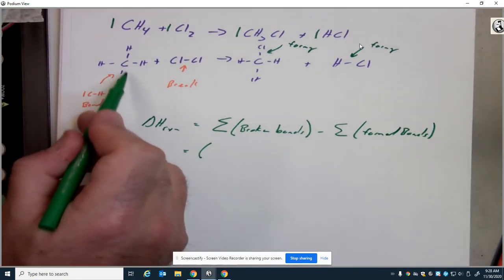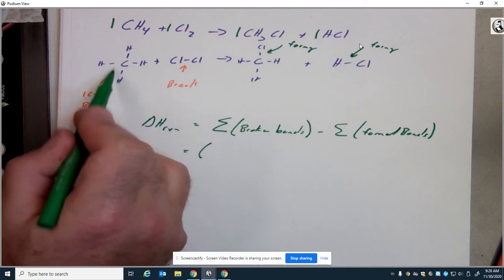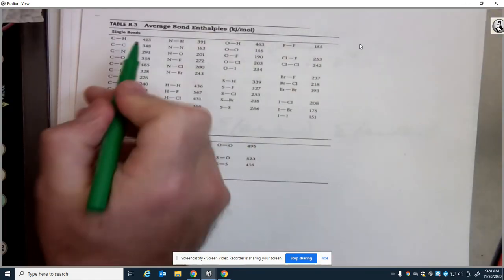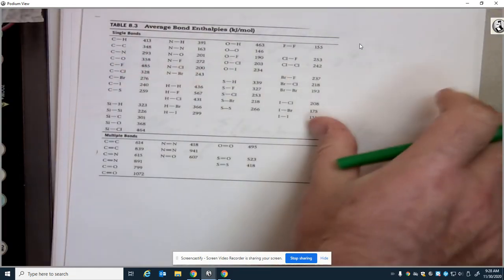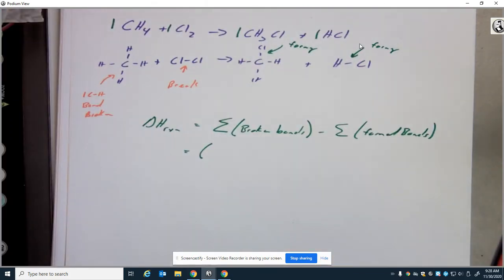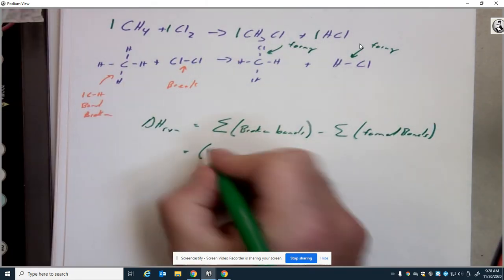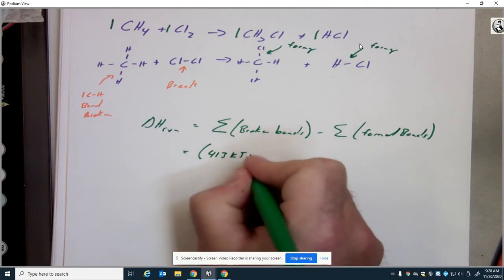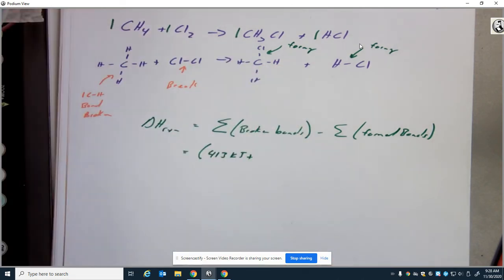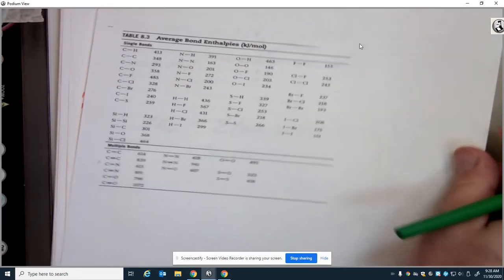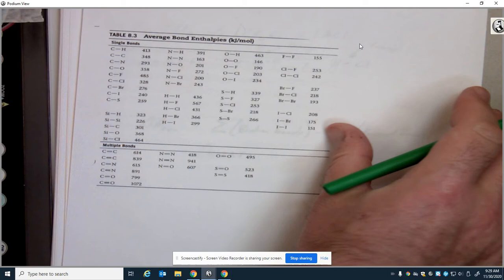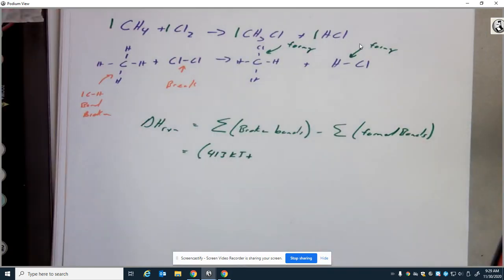So now we need to know what the enthalpy of this bond is, and we can go right to this table. Here it is, 413 kilojoules. Plus we have to break this chlorine bond, and here it is, 242 kilojoules.